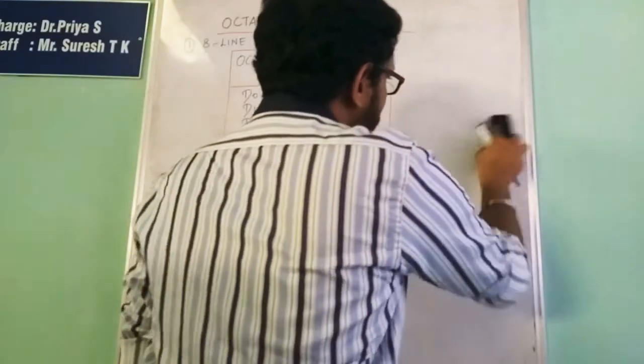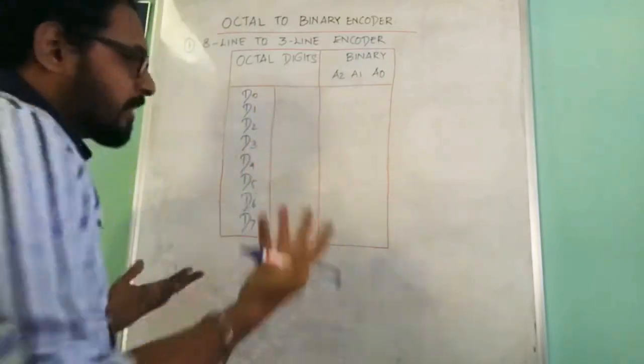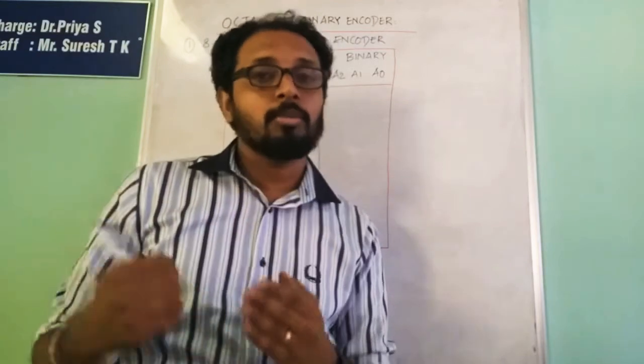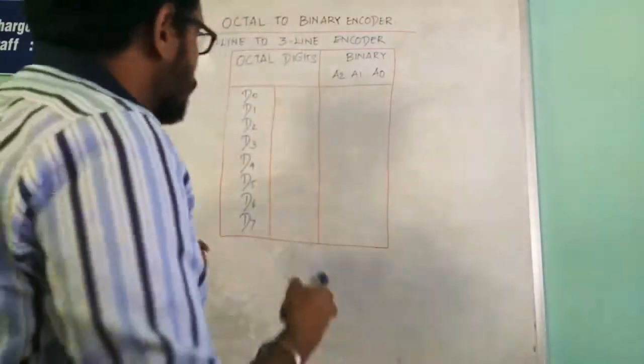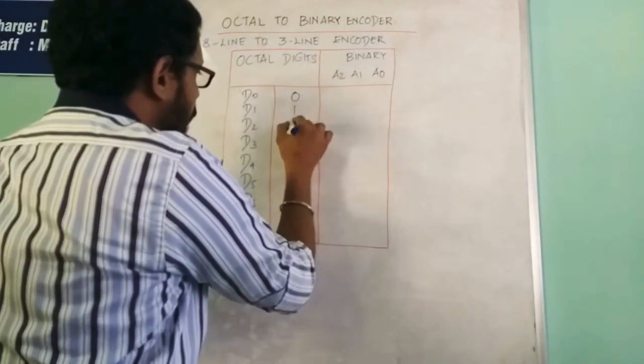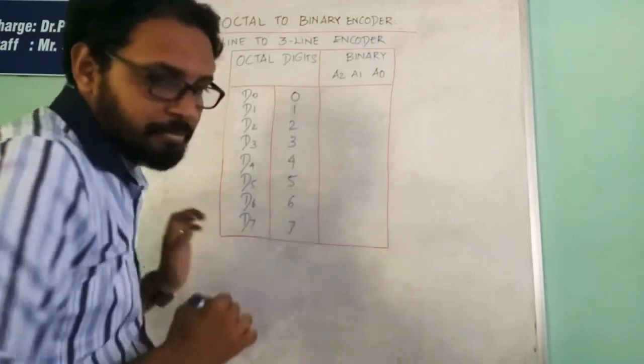For the conversion, the inputs D0 to D7 are the possible combinations in the case of octal. We write the corresponding octal numbers also: 0, 1, 2, 3, 4, 5, 6, 7.